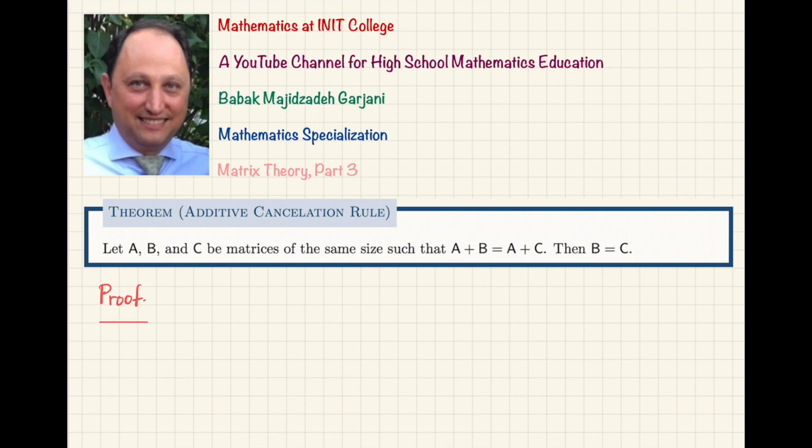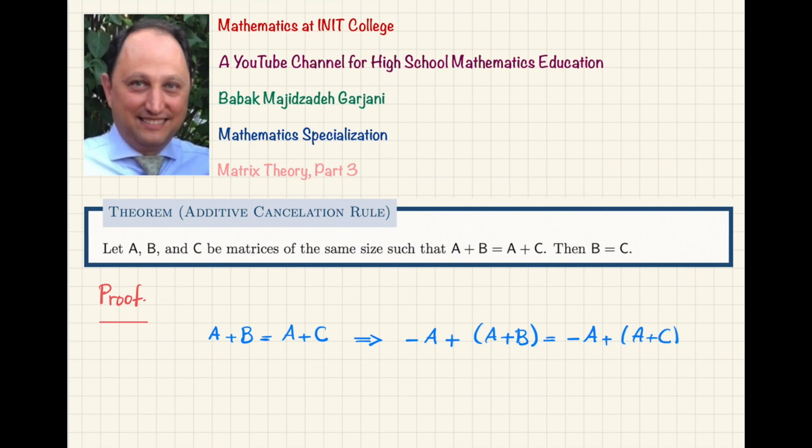So how should I, by the way, prove this? I would say that, okay, you are telling me that A plus B is equal to A plus C. So you are giving me two equal matrices. And then I can add the same matrix to both sides, yes? So it means that minus A plus the matrix on the left has to be equal to minus A plus the matrix on the right.